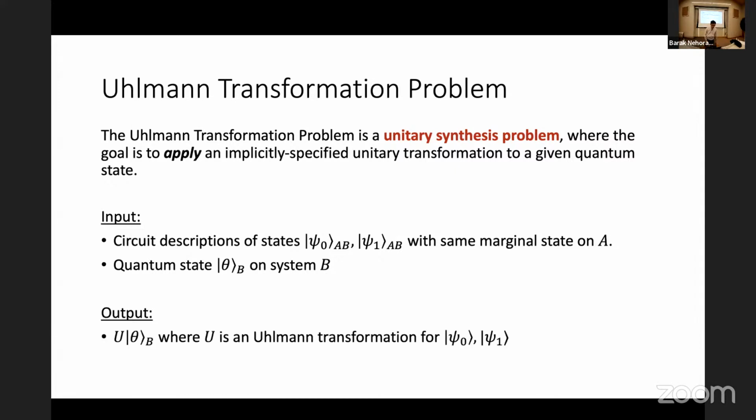And this Uhlmann transformation problem is you're supposed to apply the Uhlmann transformation U corresponding to the first two states, psi 0, psi 1, on the quantum state theta B and transform that. Any questions about the definition of this problem?